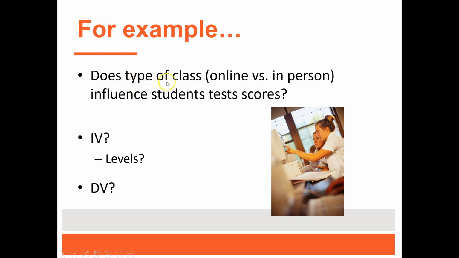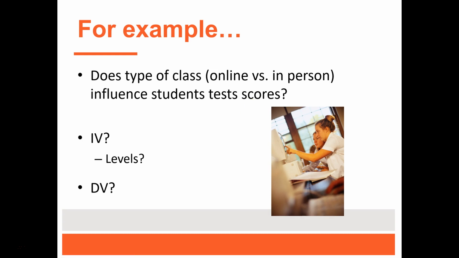That's what I'm manipulating. The levels are online versus in-person, and I'm choosing those levels, right? I could have had online versus hybrid versus in-person, but I've picked online compared to in-person. And the dependent variable, what am I measuring? Test scores.